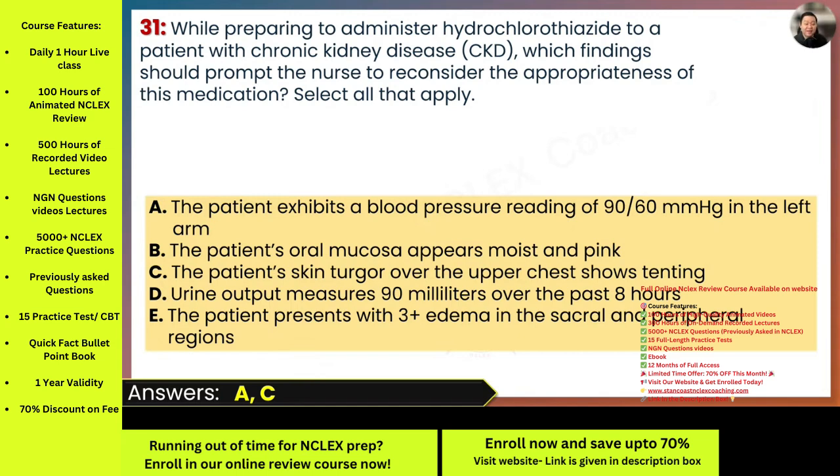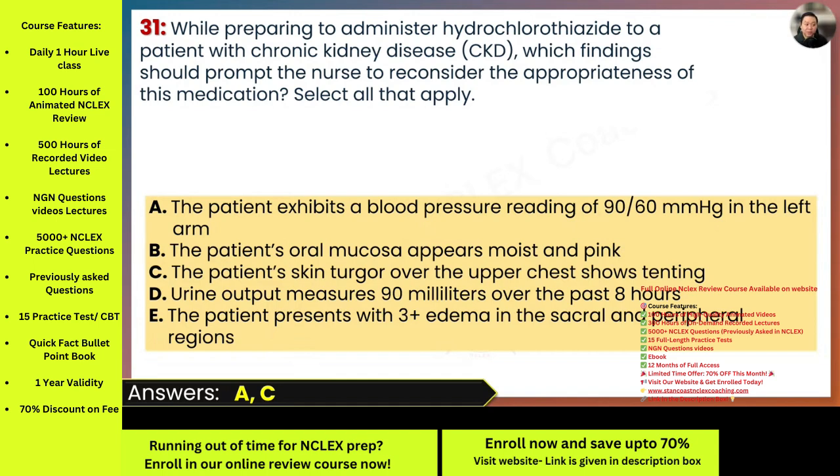And so, given that this patient's blood pressure is already low, the administration of the diuretic could worsen the hypotension, and this will lead to dizziness or fainting. And so this makes it necessary for the nurse to reconsider administering the drug.